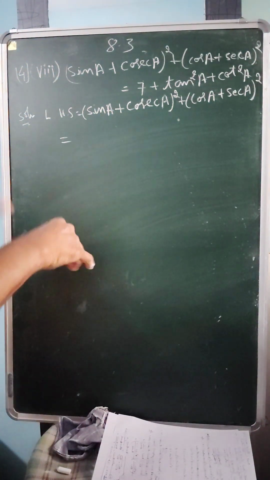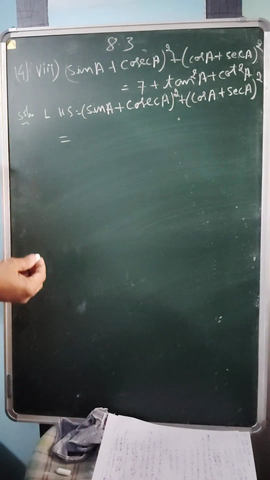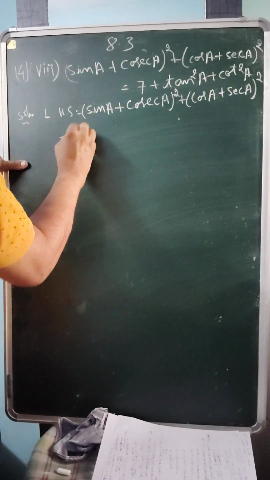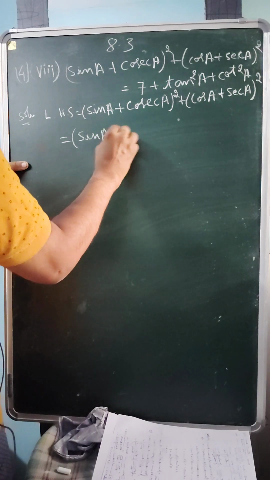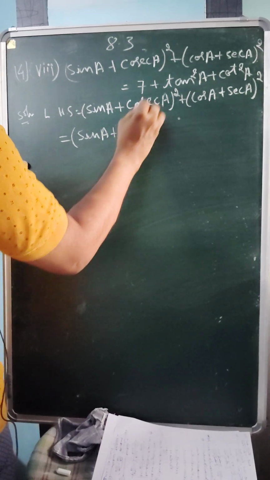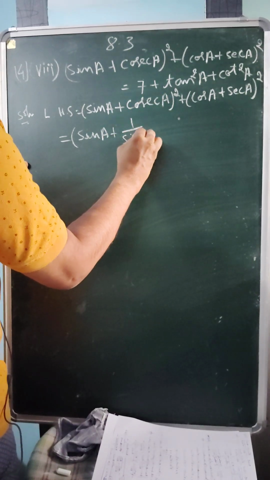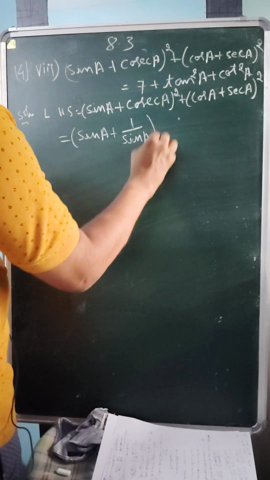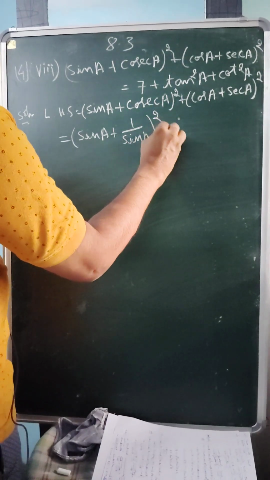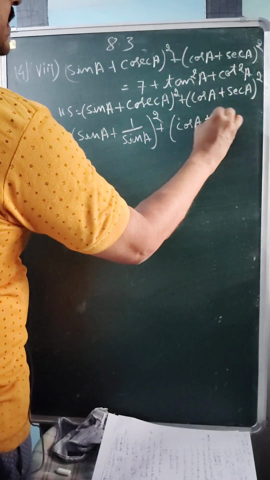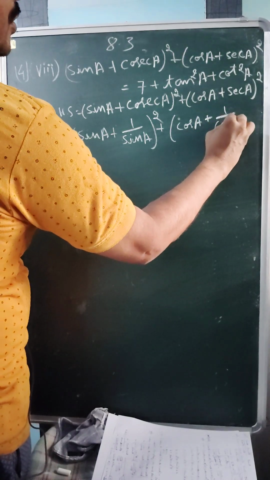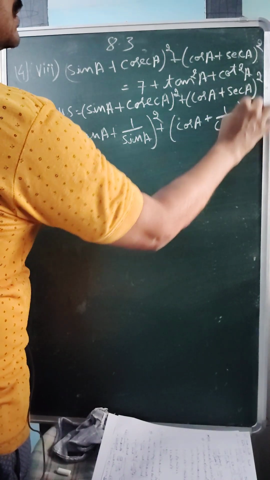I will convert these into sin and cos. So sin A as it is plus 1 by cosecant, which means 1 by sin A, whole square, plus cos A as it is plus 1 by cos A, whole square.